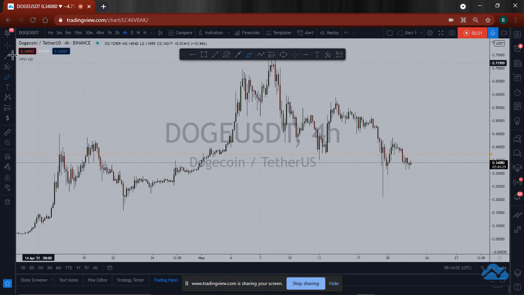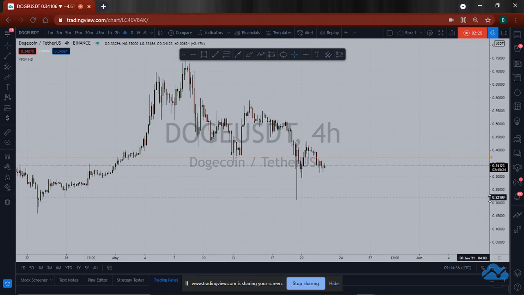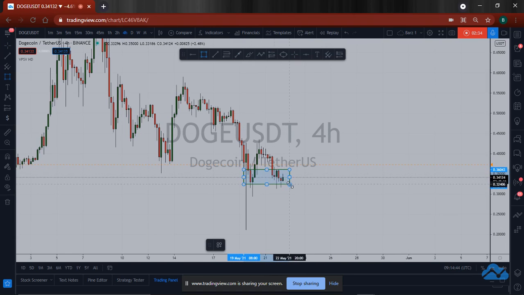All right, so we are currently on the 4-hour time frame and we have a very interesting price action here. We have this level of demand at this point. Price has already created this level of demand and we identified this 2 days ago.